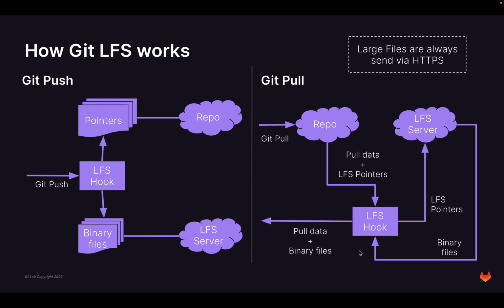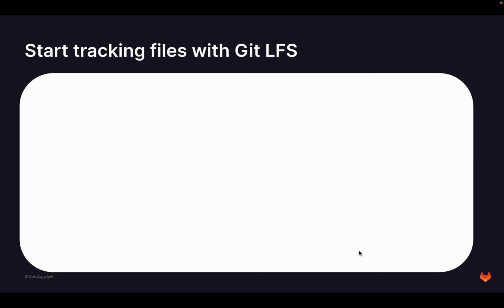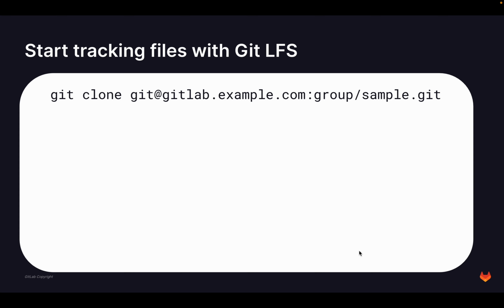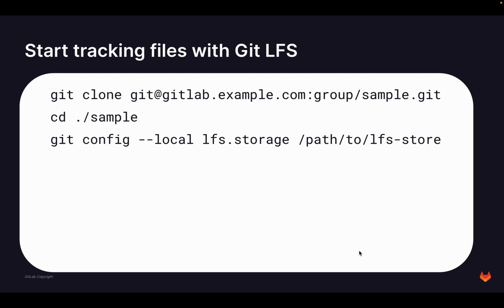Now, how do you start tracking files with Git LFS? You can start this locally. Simply clone a sample Git repository. Once you have that repository, you will want to define where to store your LFS storage.